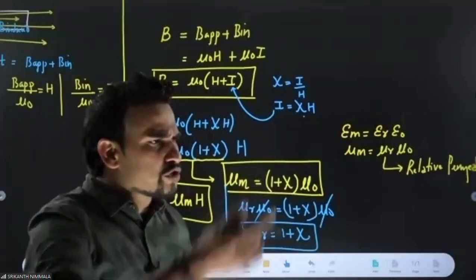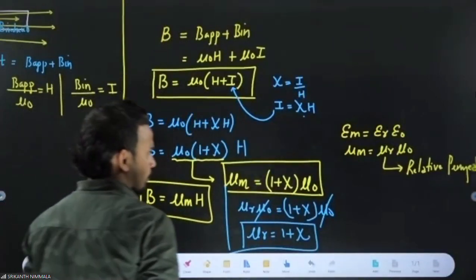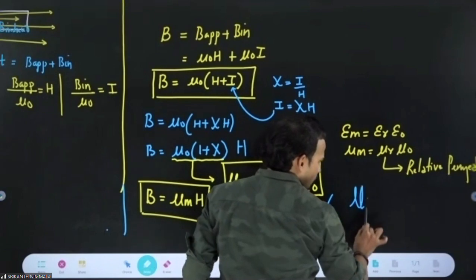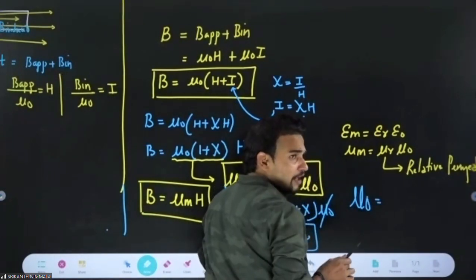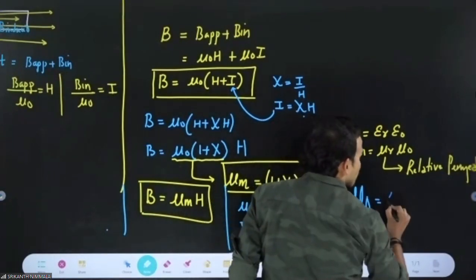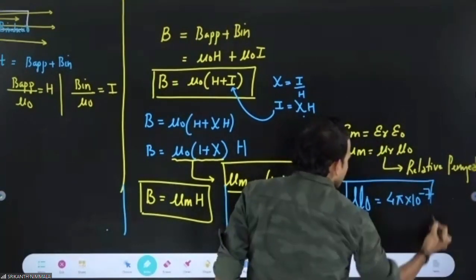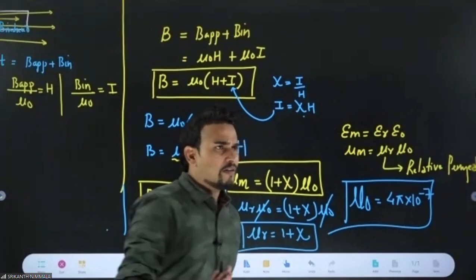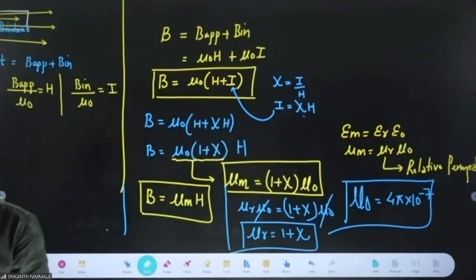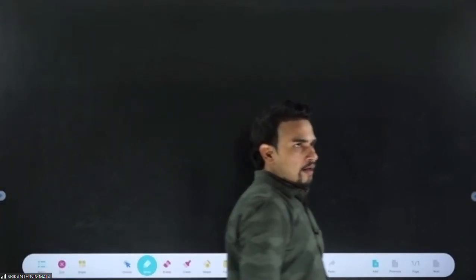I will give you one question. What is the value of this mu naught? Do you remember the value of mu naught? 4 pi into 10 to the power minus 7. In exam, you have to put the value of mu naught. Write one previous year question, asked last year only.